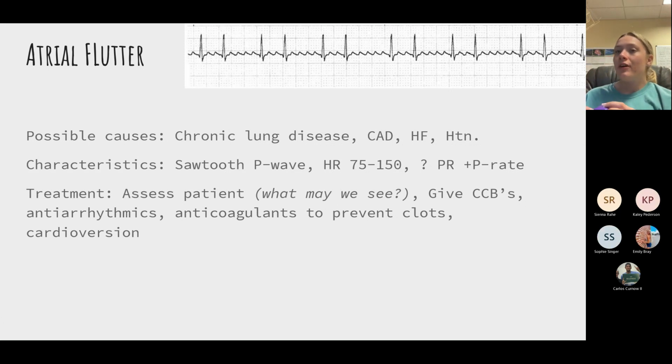Well, for A flutter, we have sawtooth P waves. So we can clearly see the P waves. They're just weird and sawtooth, and sometimes I have a couple P waves happening. Whereas when we have atrial fibrillation, we might not even see a P wave, to be completely honest. But when you think A flutter, think your sawtooth P waves. Okay?